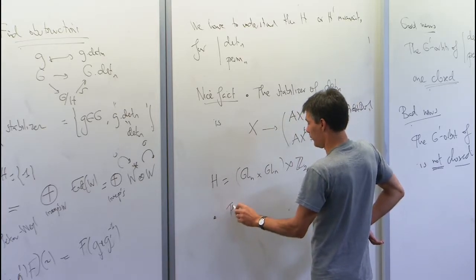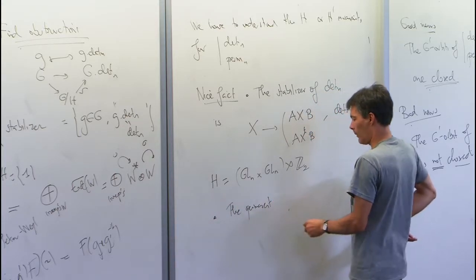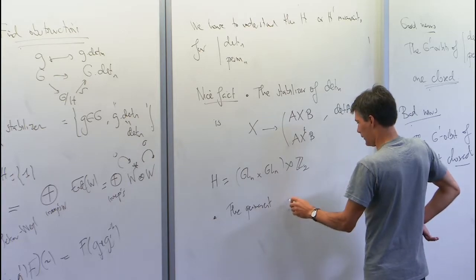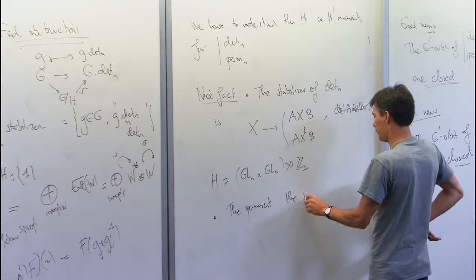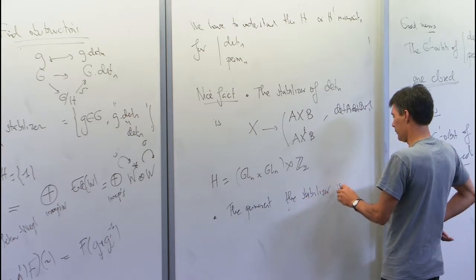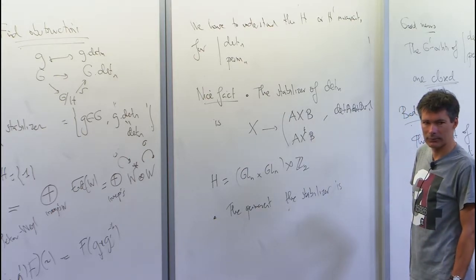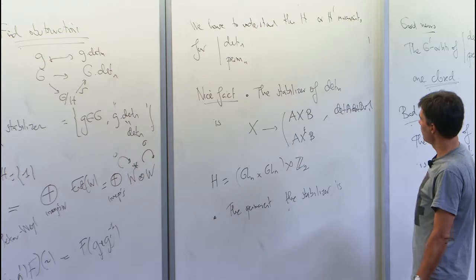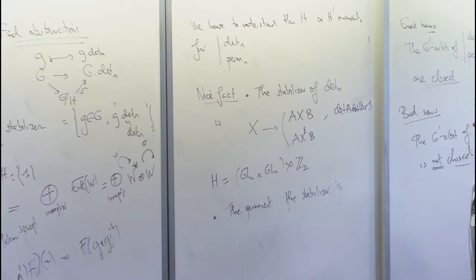And for the permanent, the stabilizer is a bit more complicated. Don't you need to scale to make sure you get determinant 1 as well? Sorry? It's better to write SL cross SL.